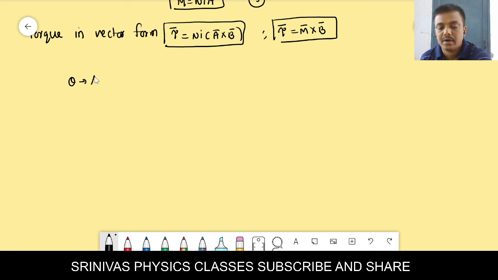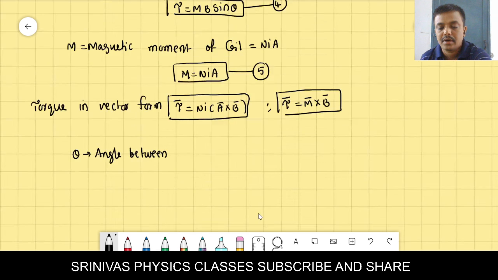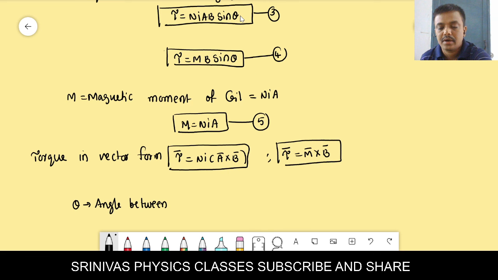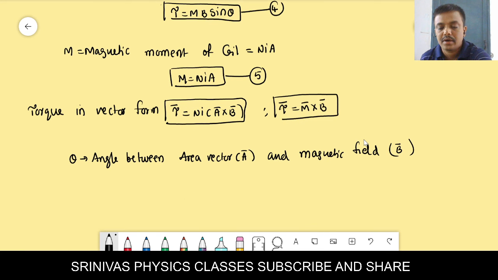Theta is the angle between, we can also write it like this, A bar cross B bar, which means theta is the angle between A bar, the area vector, and the magnetic field B bar. But what is the direction of the area vector, anybody knows?